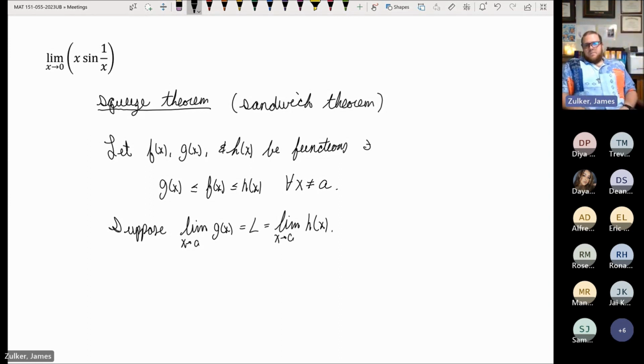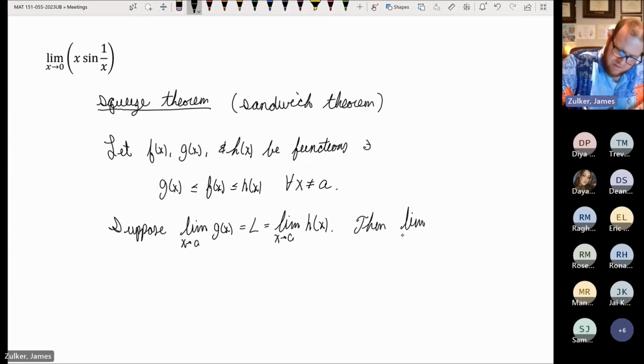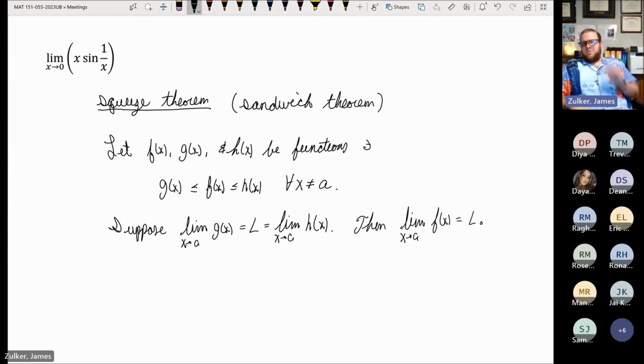Suppose that both g and h have a limit of L. Then so does f of x.